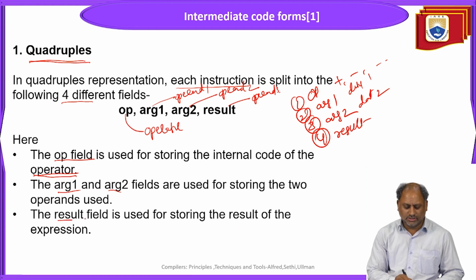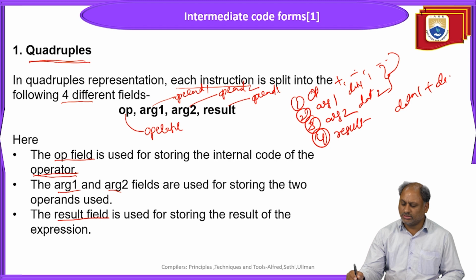Now the result field, that means the operation that is to be performed. Suppose it is a plus: data 1 plus data 2. This is operator OP, this is argument 1 and data 2 is argument 2.